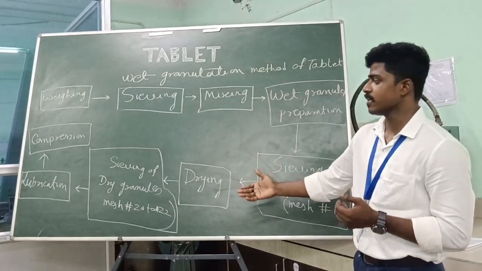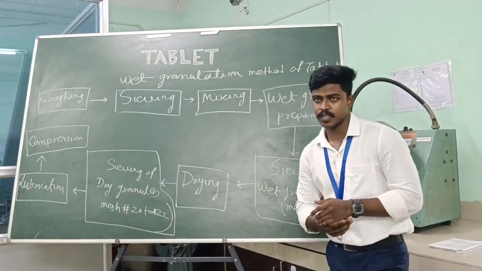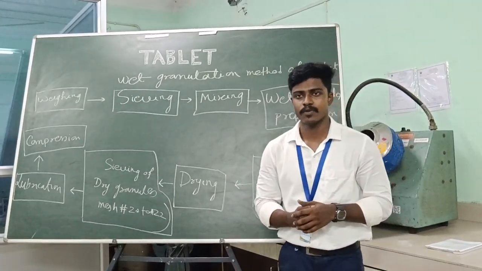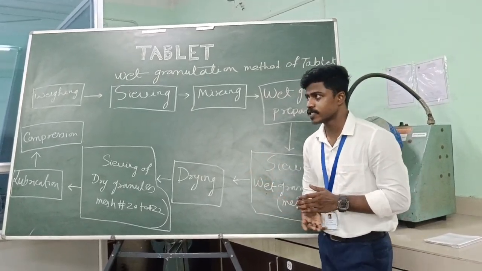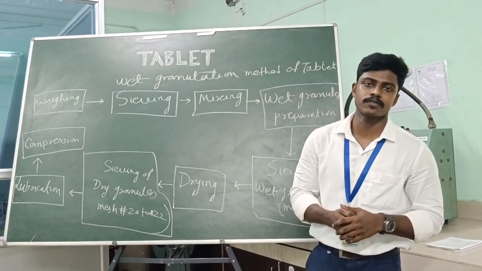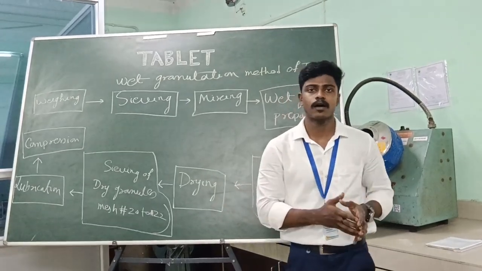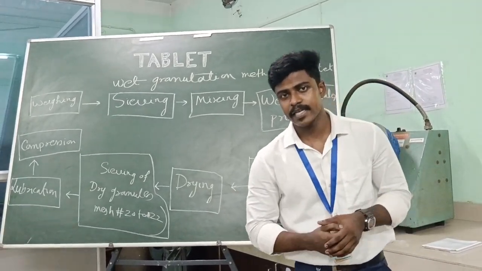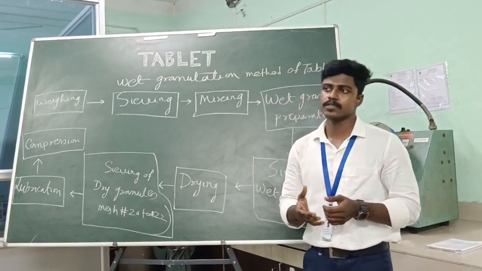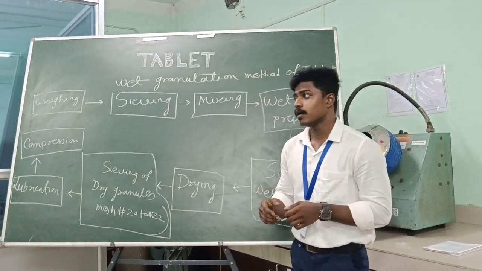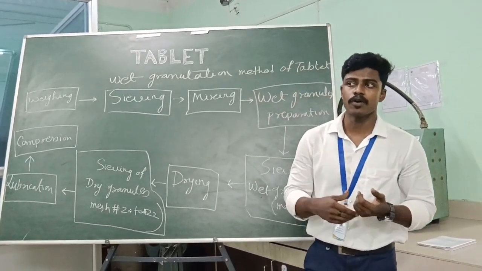Next one is drying. Then we have to dry this at 60 degree centigrade temperature for a minimum of 1 hour. Then we have to check the LOD, or loss on drying, of those granules. If the LOD is okay, we also have to check the moisture content.